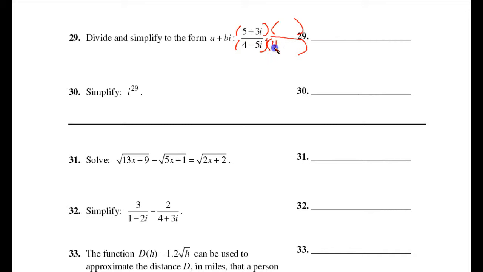So complex conjugates are the same as regular conjugates. This will be a 4. This will be a 5i. This will be a 4. This is a 5i. Now, if this were negative, to make it its conjugate, we just make this a plus, the opposite sign. So we're going to multiply this by its conjugate. Now, an interesting thing happens when we do that.